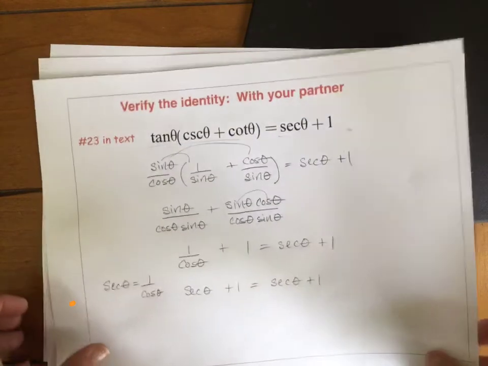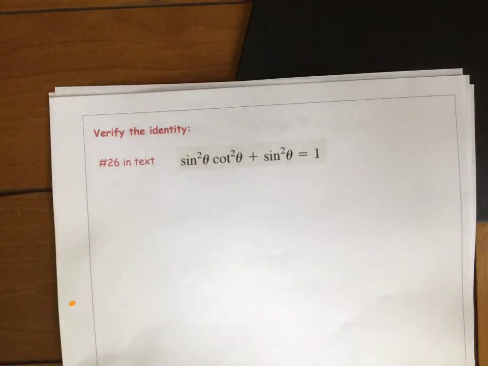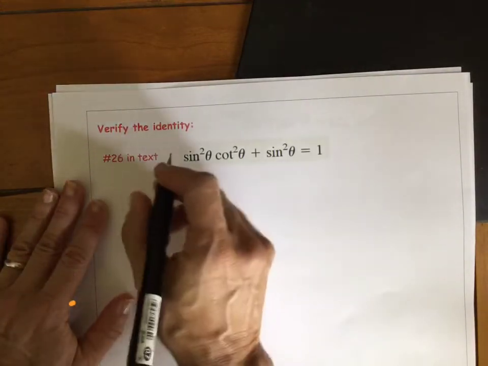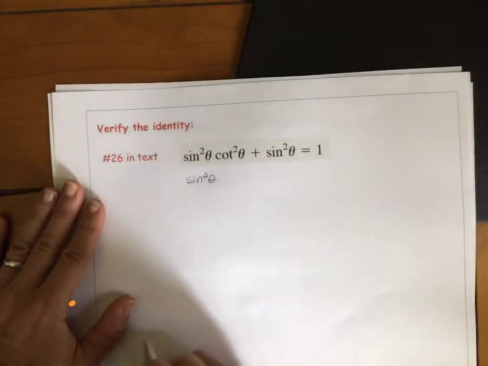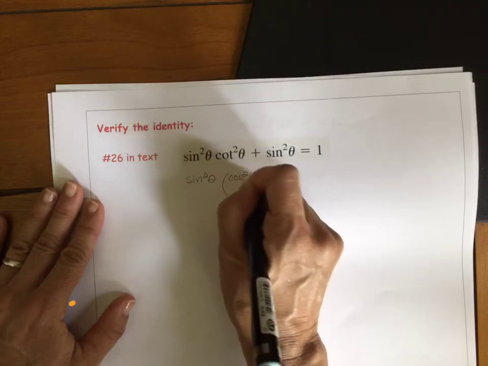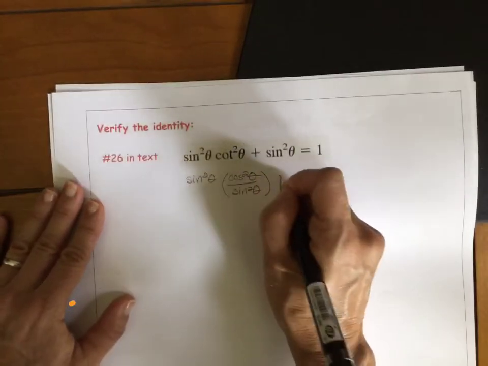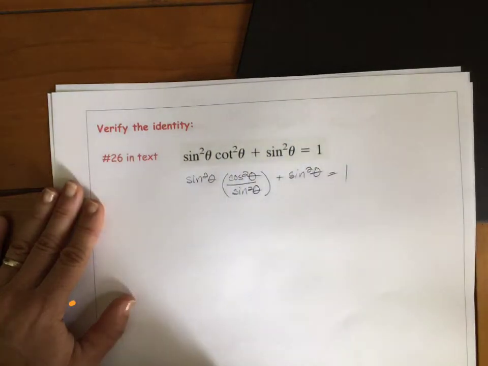We're going to look at a couple more strategies though. This one, we want to just go ahead and turn everything into sine and cosine and see if it equals 1. So we have this sine squared theta, and cotangent is going to be cosine squared theta all over sine squared theta, and then plus sine squared theta, and we want to see if that equals 1.